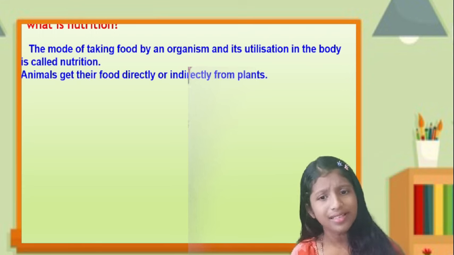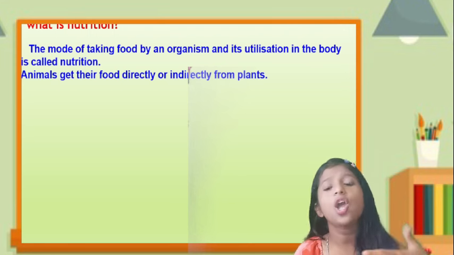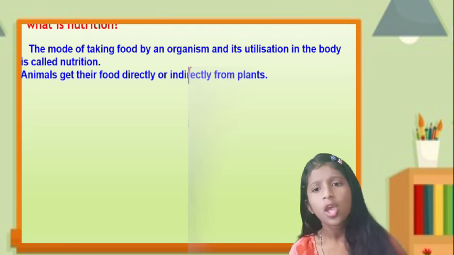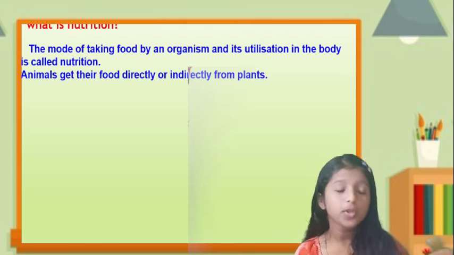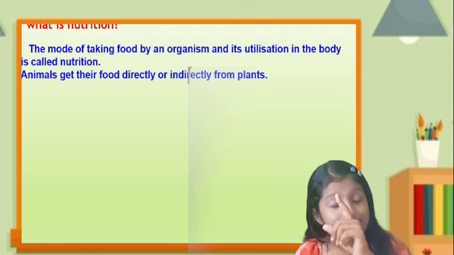Animals get their food directly or indirectly from plants only. We might think that only some animals get food directly from plants, but not others. That is completely wrong, guys. I'll tell you how. For example, take a rabbit. The rabbit is a cute bunny, right?